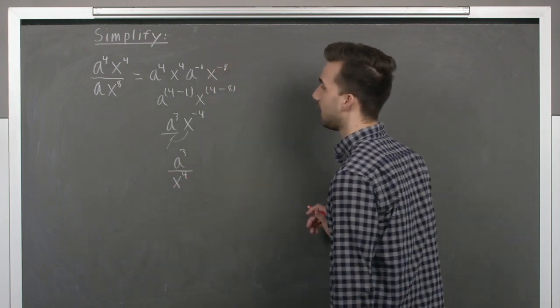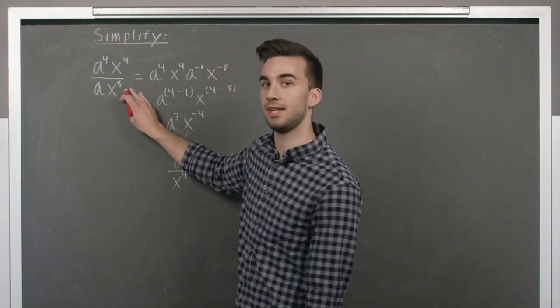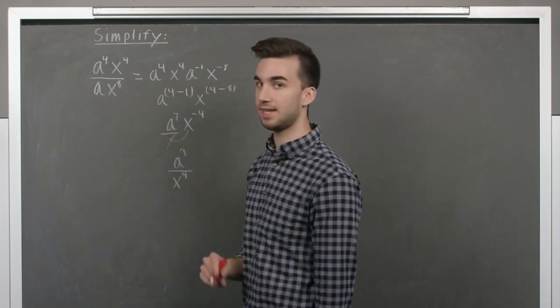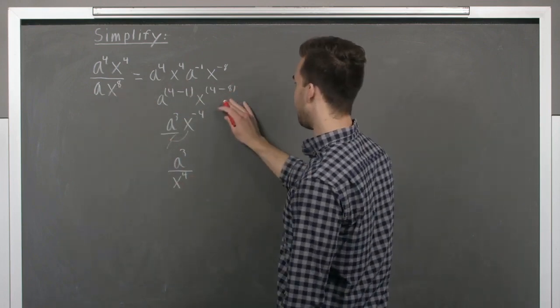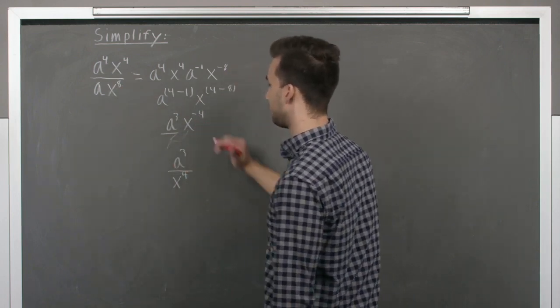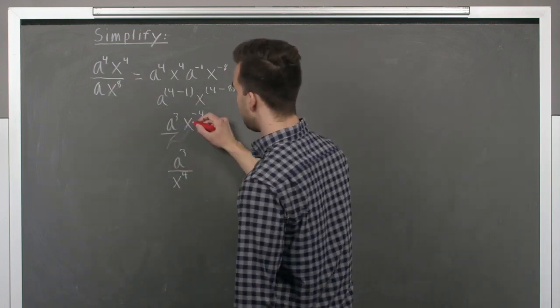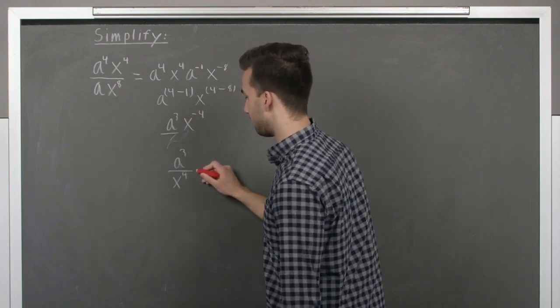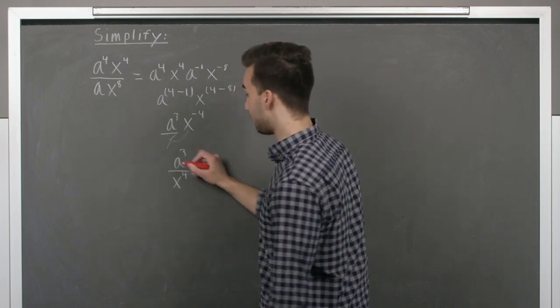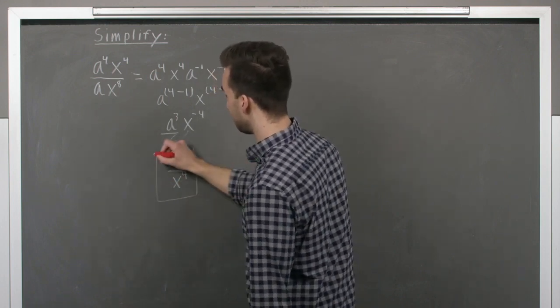So once again, anything below the fraction bar, if you're going to rewrite it as multiplication, you just write the exponent as negative, and then we can add all the exponents, and if you are left with a negative exponent at the end, you can just put it back underneath the fraction bar and write the exponent as a positive. But that is the solution for this example.